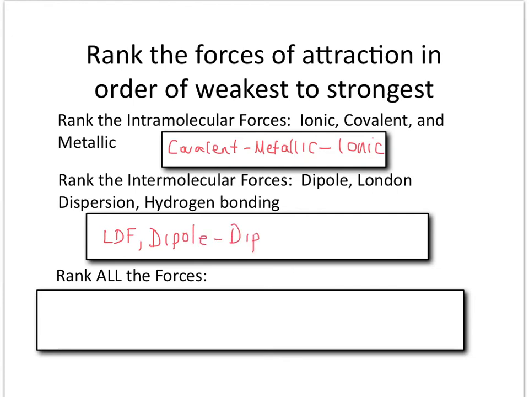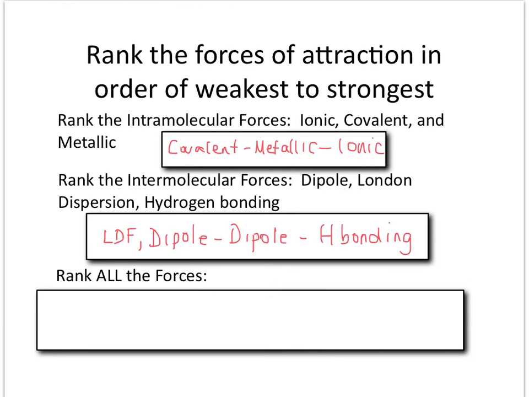They are of greater strength in general. And then lastly, we have hydrogen bonding. Hydrogen bonding is the strongest type of dipole-dipole force, and it only occurs with a hydrogen attaching to a fluorine, oxygen, or nitrogen of a different molecule.